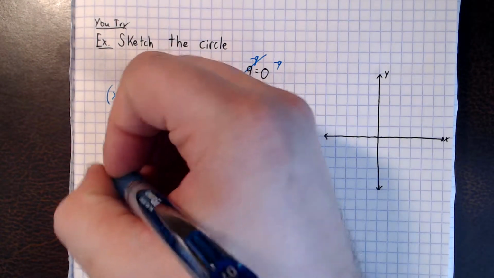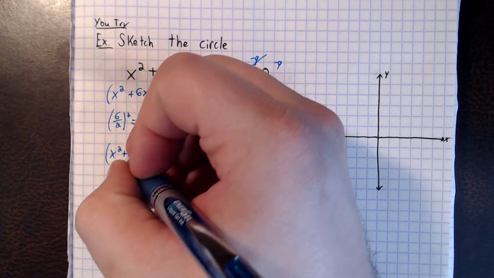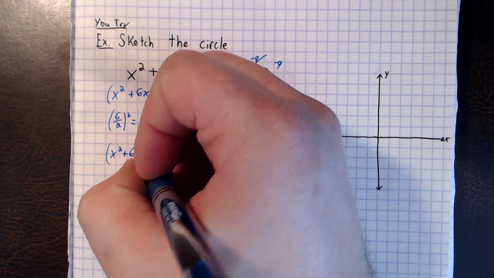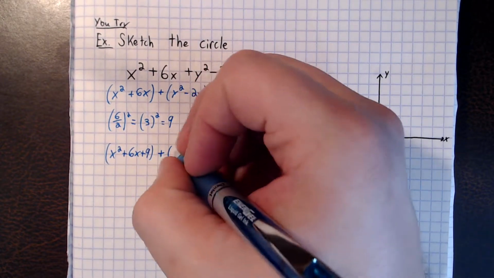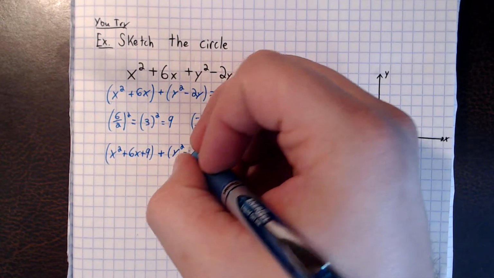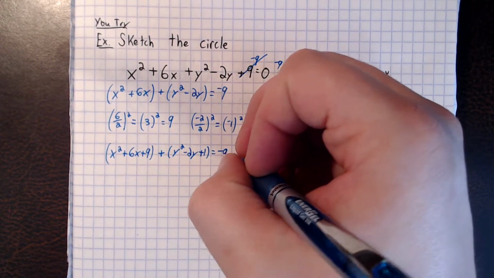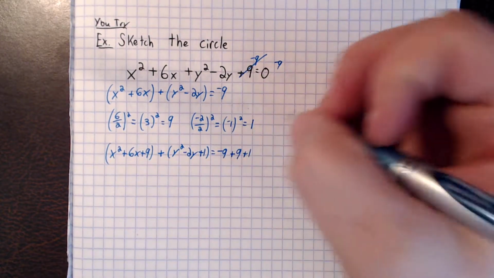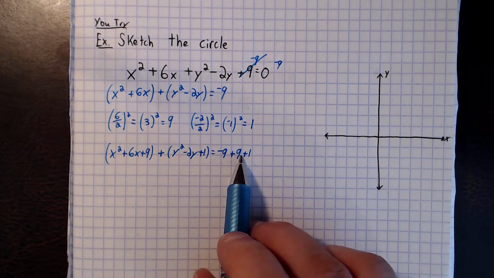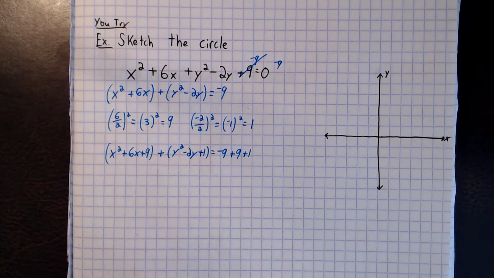So let's see. Okay, so I've added in both sides to 9 and both sides to 1.